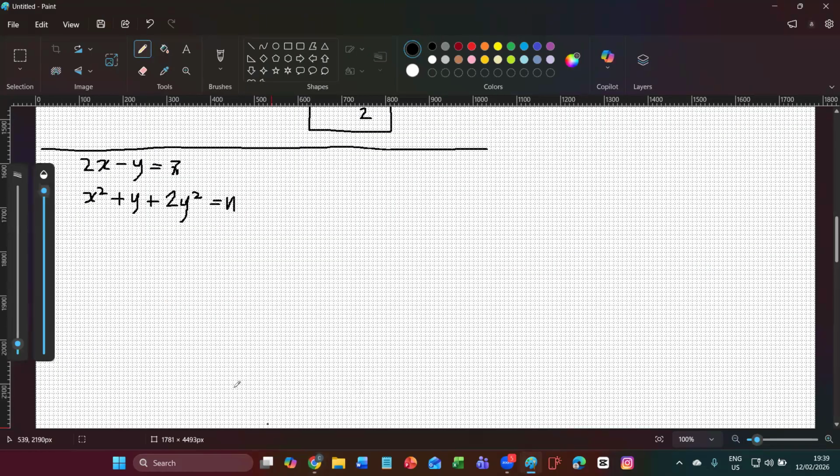Working with that information they gave us in bold, anywhere you see x, to find that solution, what are you going to put? 0. Okay, let's try that and see what will happen. For the first one, I have 2 times 0 minus y equals 7.